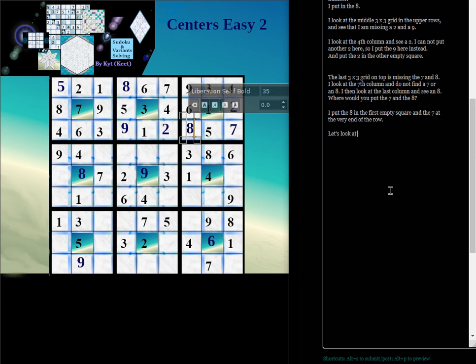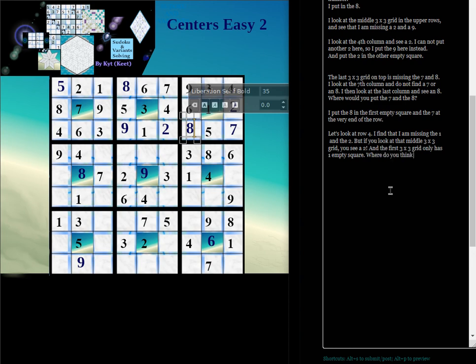Let's look at row 4. I find that I am missing the 1 and the 2, but if you look at that middle 3x3 grid, you see a 2, and the first 3x3 grid only has one empty square.